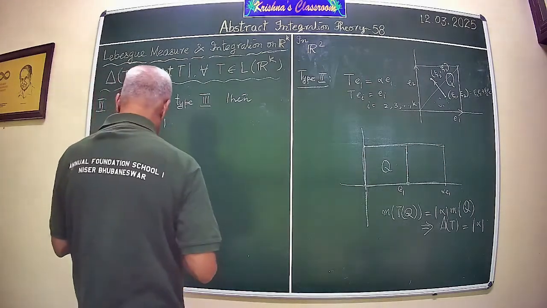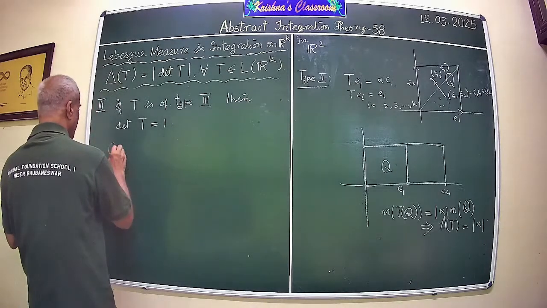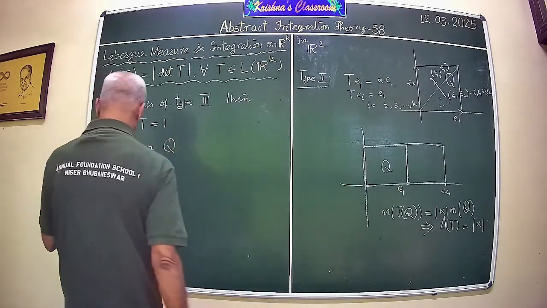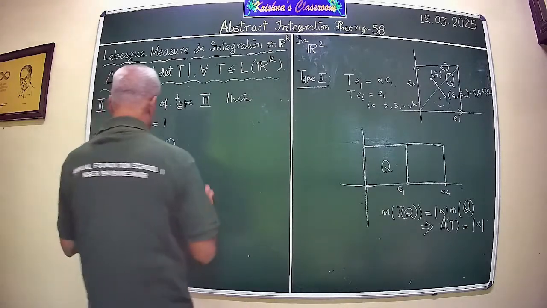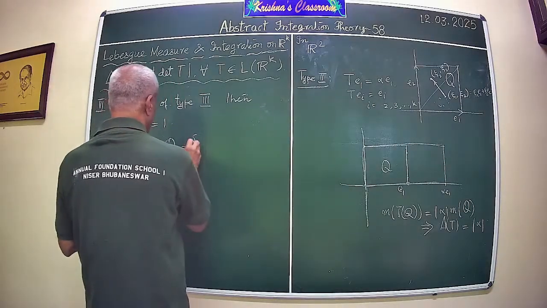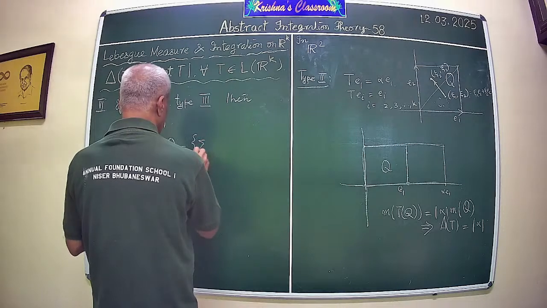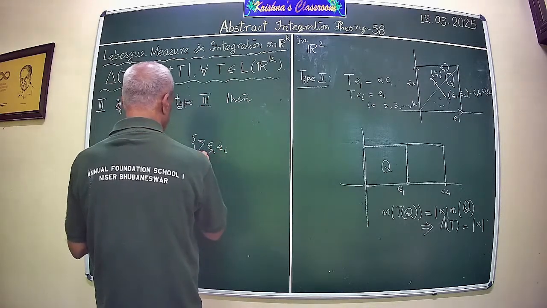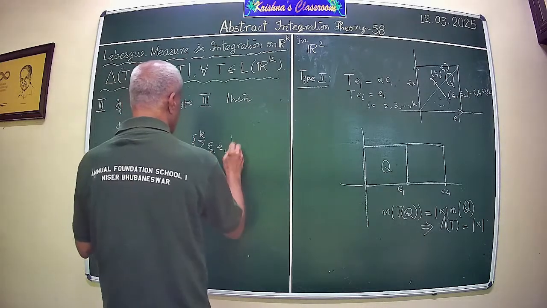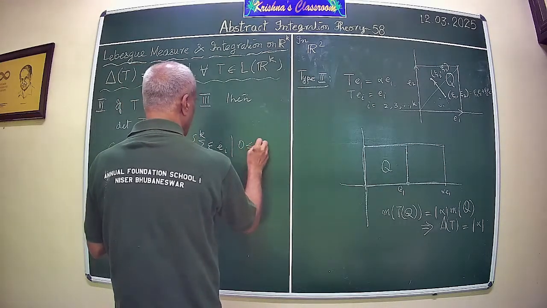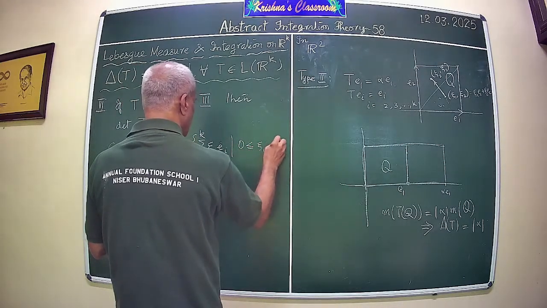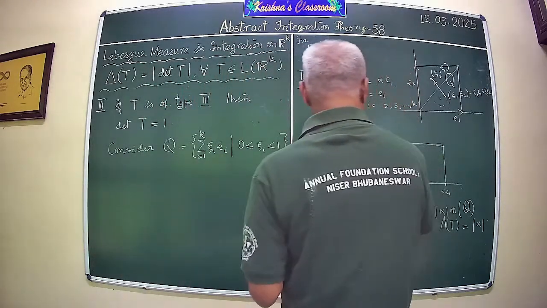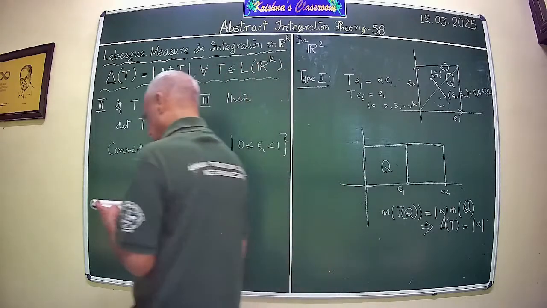Now let us analyze this. Consider Q, where Q consists of all the set of points, that's the box.